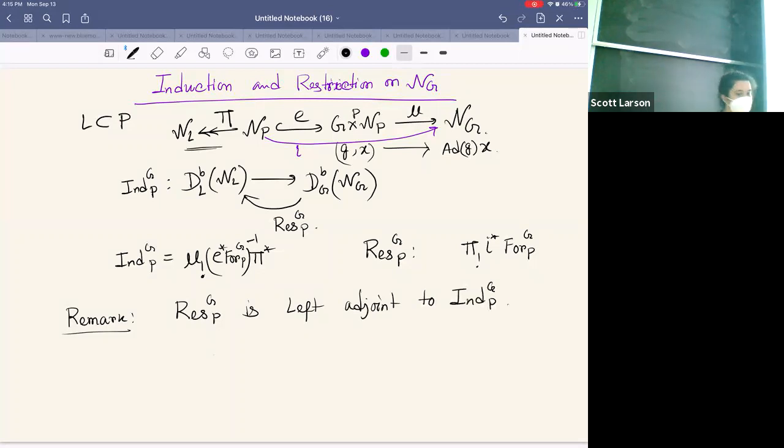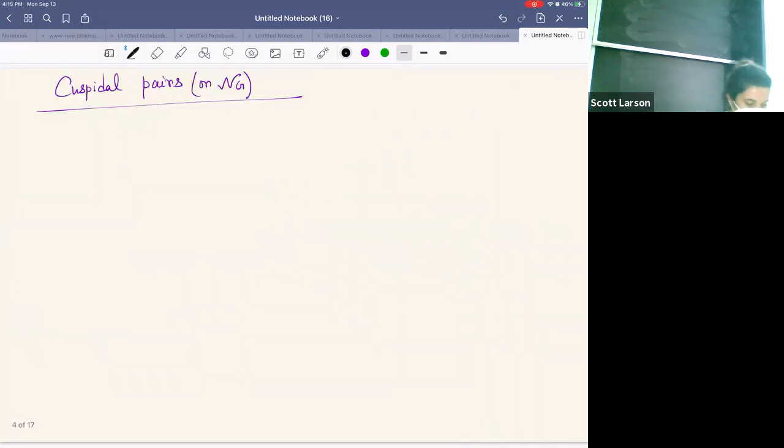Whatever I have defined is on the nilpotent cone, and whatever I define on the nilpotent cone, I'm going to define in the graded setting also. Okay, so let's go into this now.